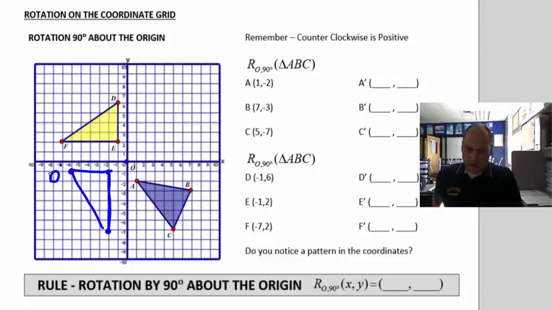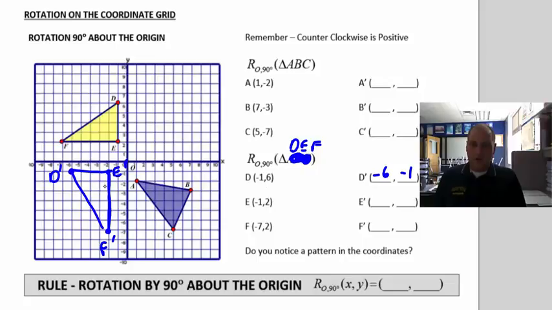Here's D prime right here. We have E prime, and we have F prime. Okay? So D prime, and again, this is supposed to say D, E, F. We have mistakes here. We skipped ABC just in the interest of time, right? So D prime is now (-6, -1).